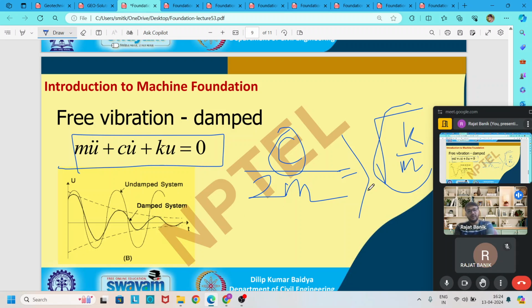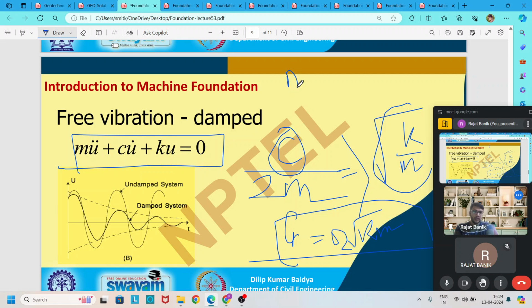Based on this, we find the critical damping, which is equal to 2 root over k m. And by this we can find another term called the damping ratio, which is the coefficient of damping divided by critical damping.